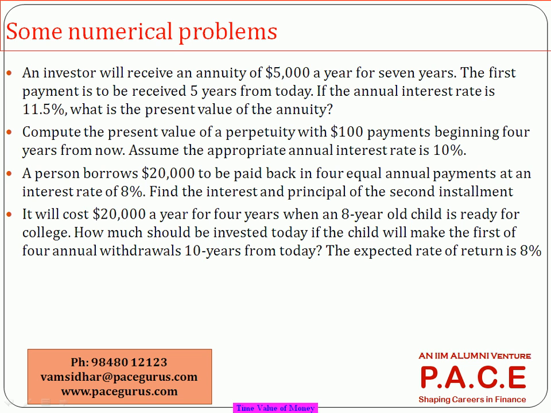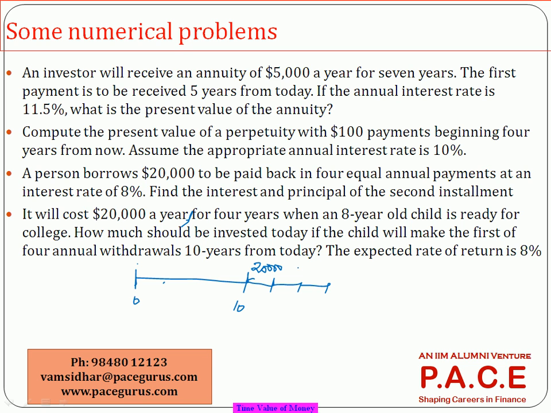So on the timeline, for the first 10 years there is no withdrawal. Today we are here. At the end of 10 years, the first withdrawal of 20,000 is made, for a 4-year period. It will cost 20,000 a year for 4 years.